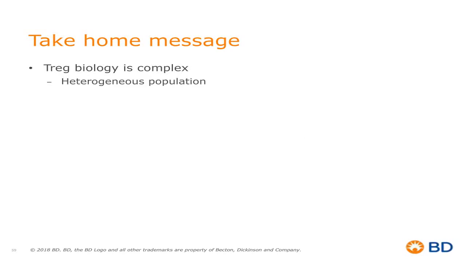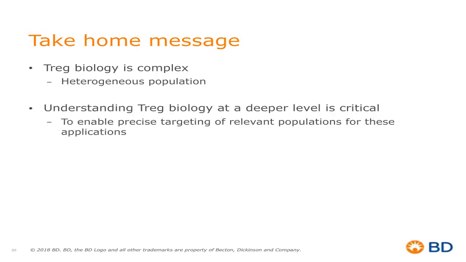So really the take-home message from this webinar is that I want you to appreciate the fact that T regulatory biology is complex. And this is actually spreading into all areas of the traditional cells that we've been evaluating, whether it's NK cells, whether it's dendritic cells. So understanding Treg biology at a deeper level, of course, is critical.